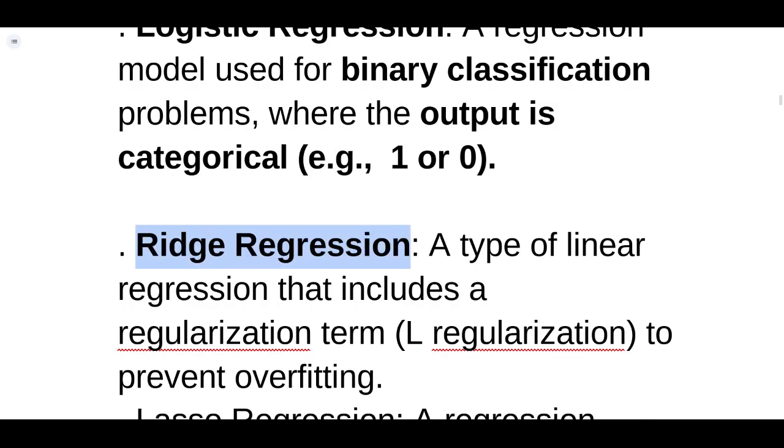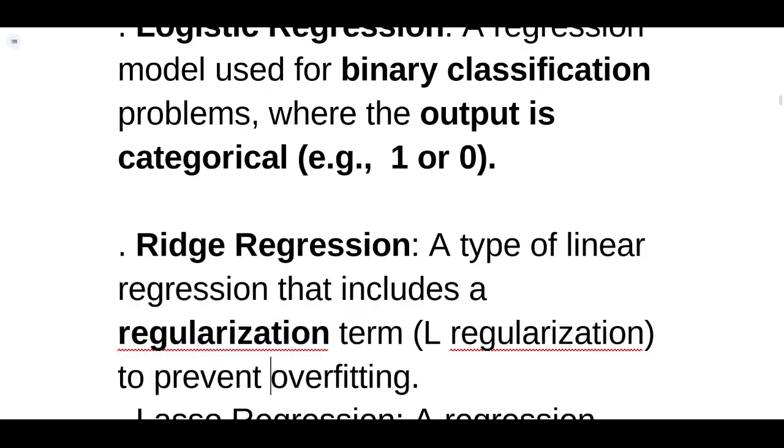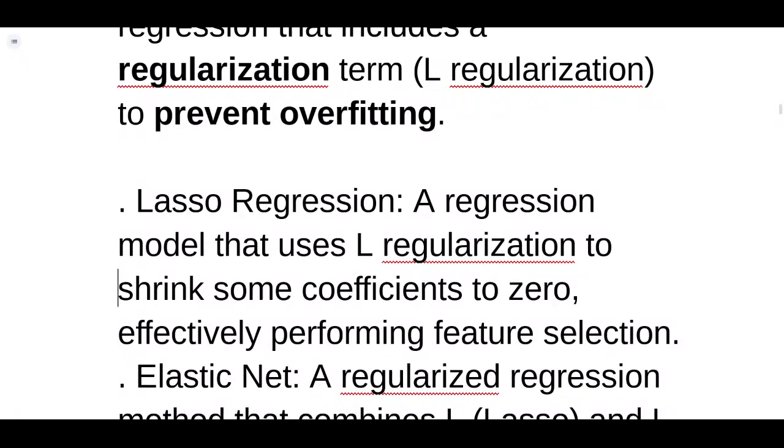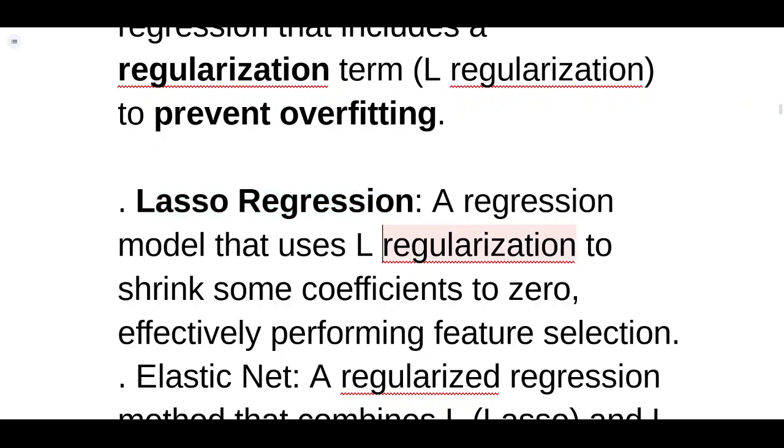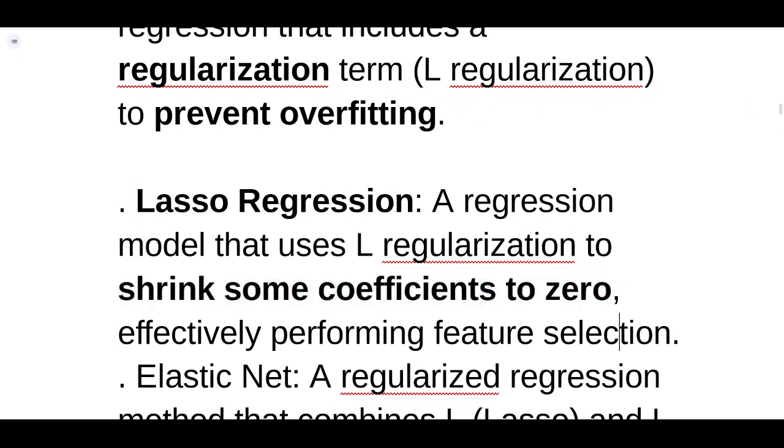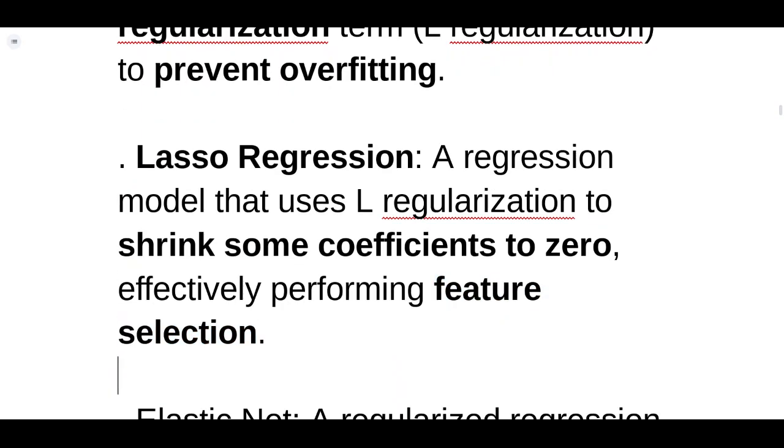Then ridge regression. Ridge regression is a type of linear regression that includes a regularization term to prevent overfitting. In lasso regression, it's a model that uses L1 regularization to shrink some coefficients to 0, effectively performing feature selection.